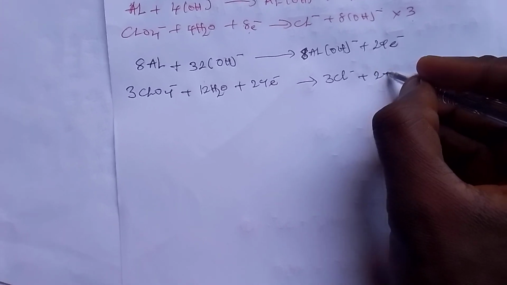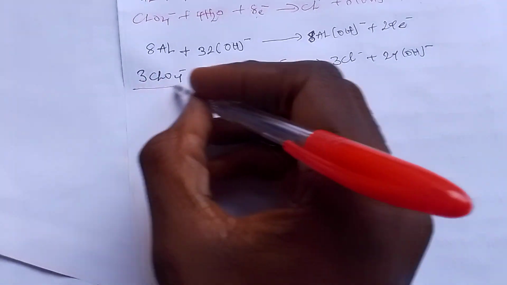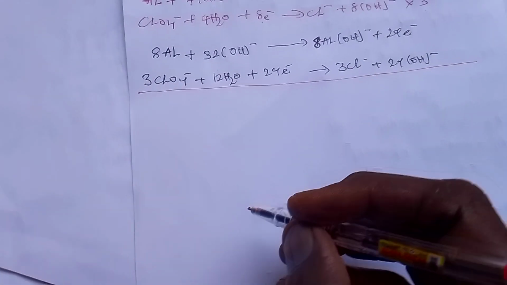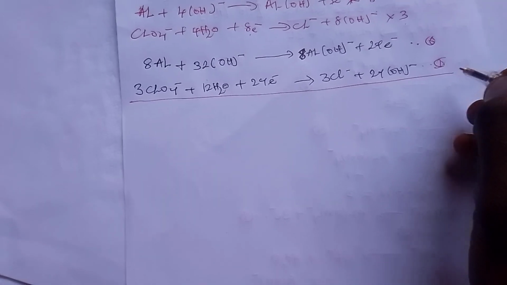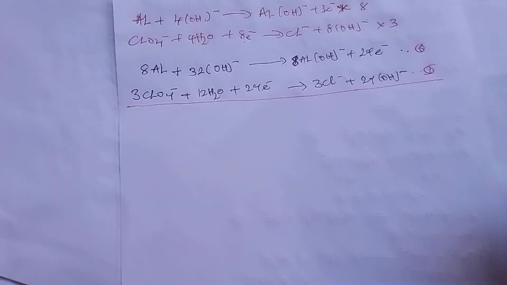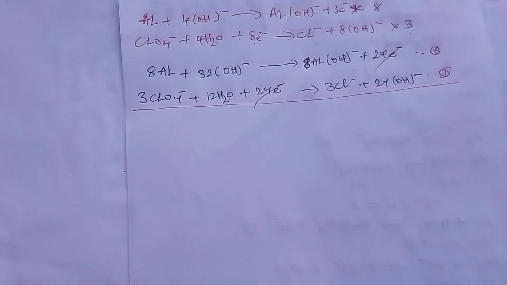All right, 24 hydroxyl. So notice that I'm going to add the 2 equations. Let's call this equation 6 and equation 7. All right, so these 2 will cancel out. All right, the electrons are out now.